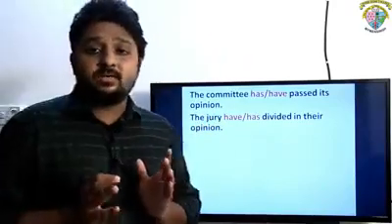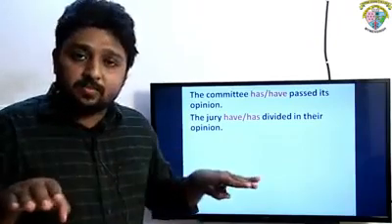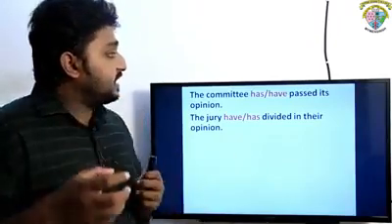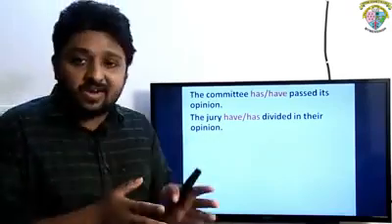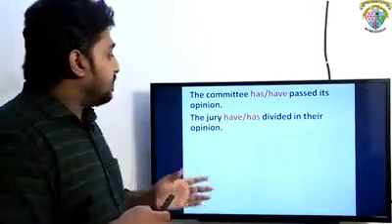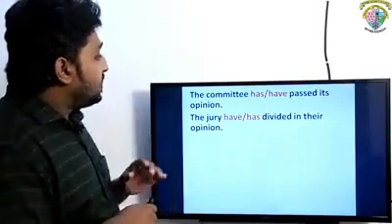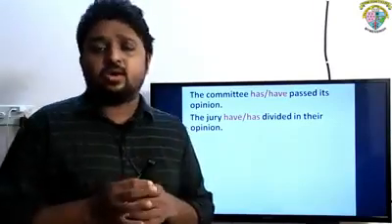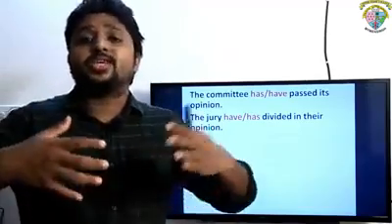What is the slight difference? When the collective noun acts very simply, that time it takes a singular verb. But when the collective noun is divided within their opinion, within their words, that time the collective noun takes a plural verb. Suppose the committee here, what is a collective noun? A group noun. That means in a committee, we can have 6 members.